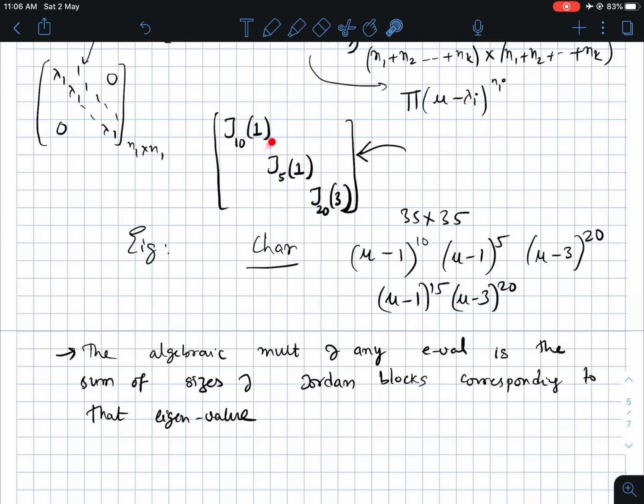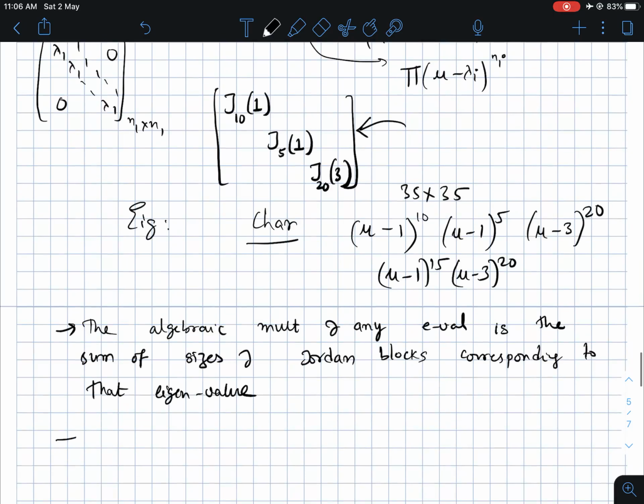So you can see that each Jordan block, which we discussed in the previous part, has only one eigenvector. That will be the vector that has 1 in the first position and 0 everywhere else. So this block will bring with itself one eigenvector, this block will bring with itself one eigenvector, and this block will bring with itself one eigenvector.